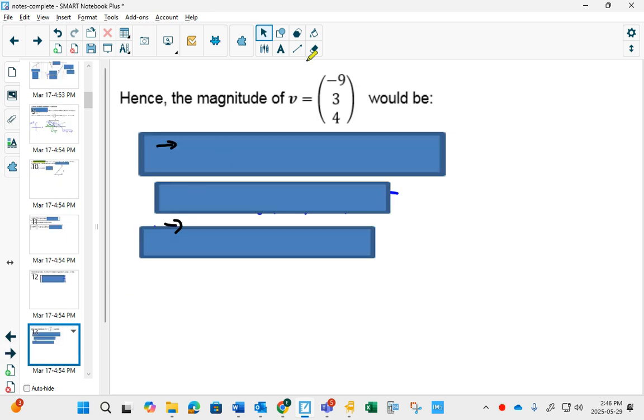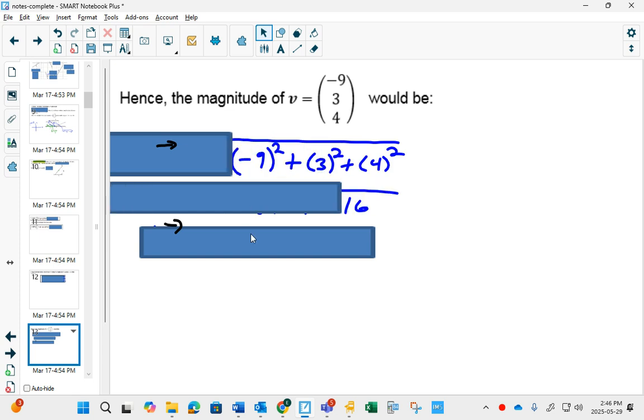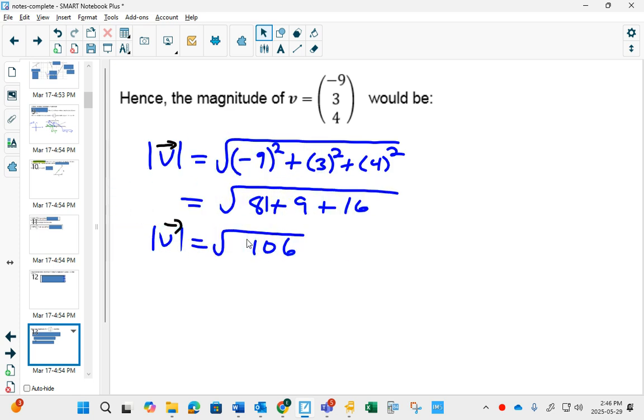All right, how did you do on this one? Did you get the square root of 106? What did you need to go back and put one? And you can do the next two questions as well.